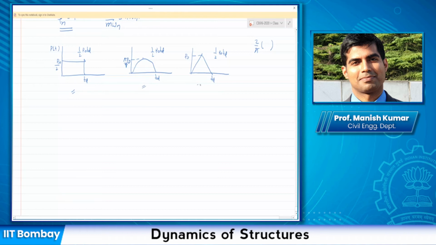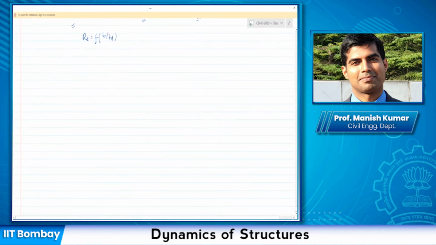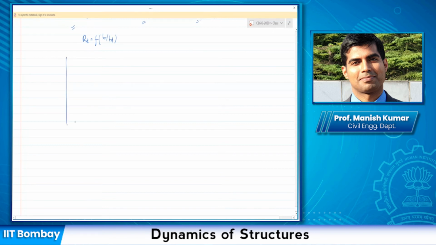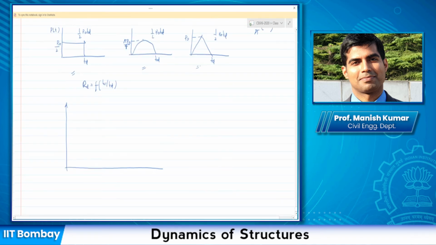But you can go ahead and derive for this and plot RD as a function of T by TD. And then you can see what you get. So what you can do, you can plot it. And let me say I'm drawing here not RD, because remember RD is U naught by P naught by K, where P naught is the amplitude.